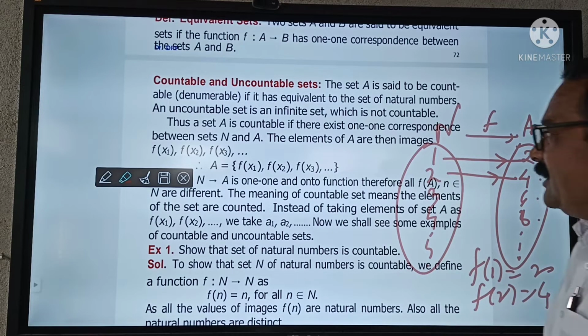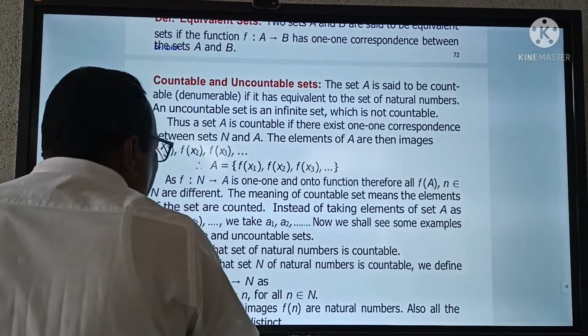Do you get it? Then we say this is a countable set, otherwise not.